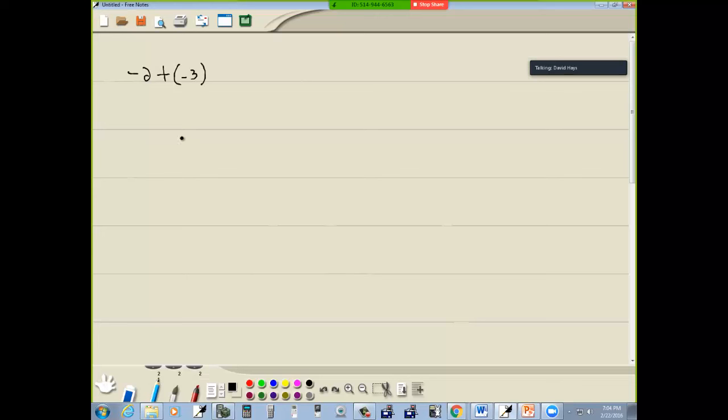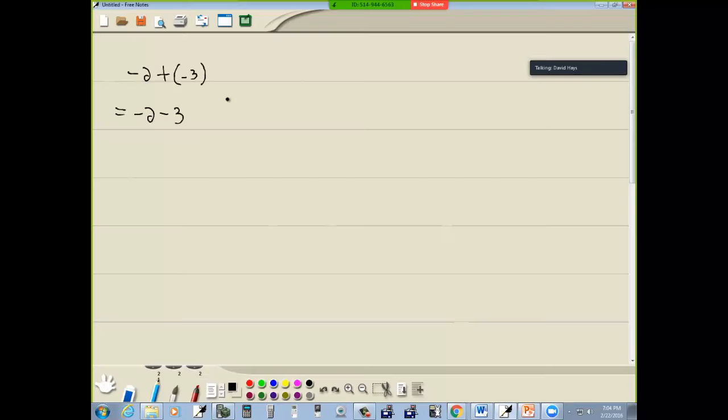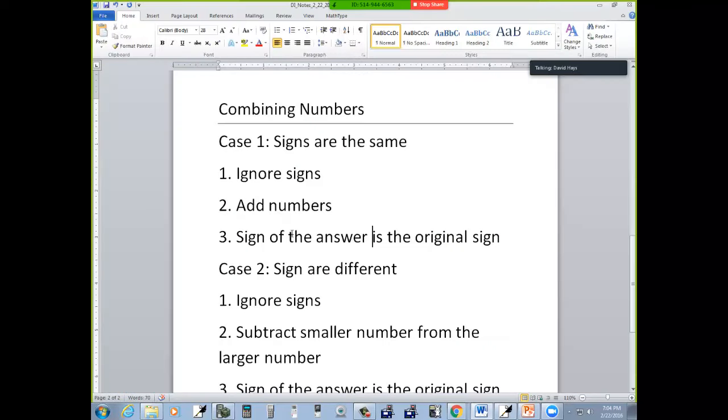For this example here, first off, it's got a shortcut we can apply. The -2 carries down, and we have a plus parentheses minus. Well, that becomes a minus. Remember, when the signs are different, then it becomes a minus. Now at this point, the signs are the same. We've got -2 and -3, and again, I'm not thinking about adding or subtracting.